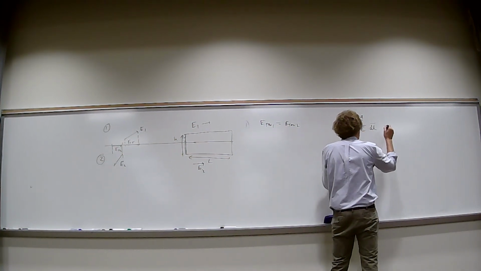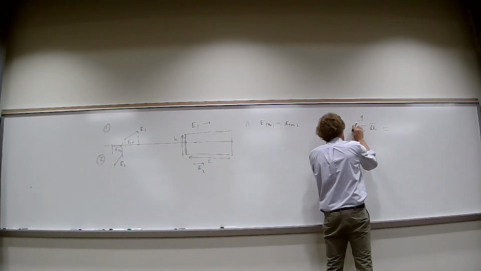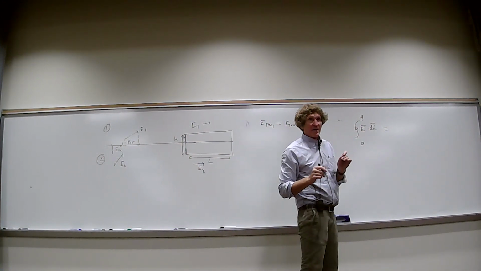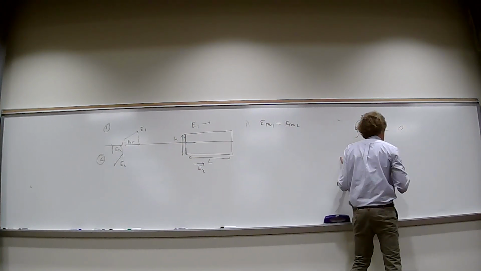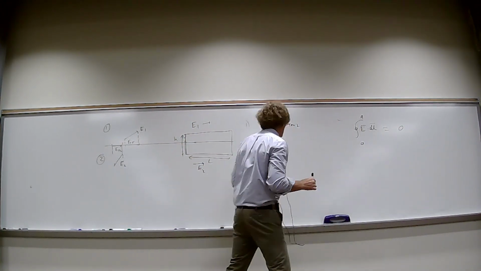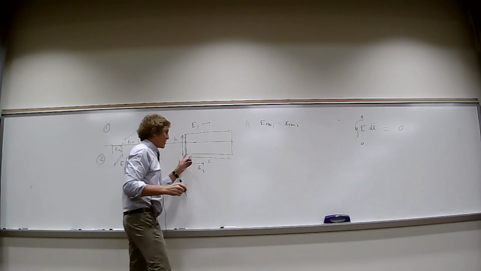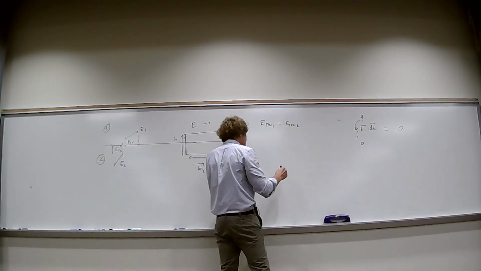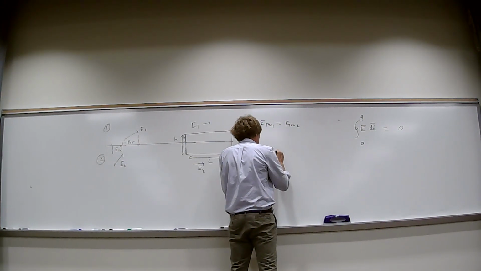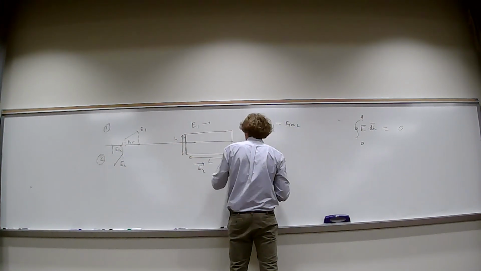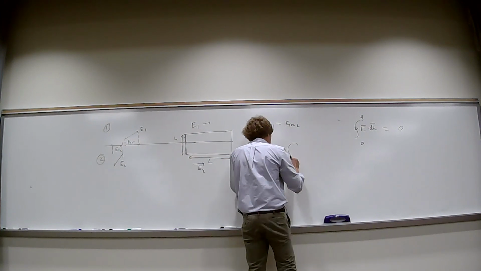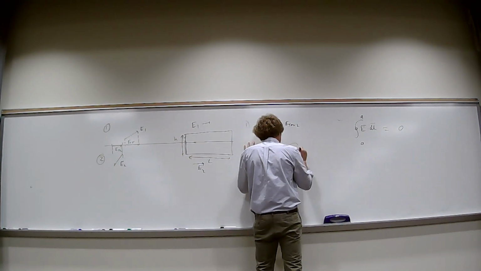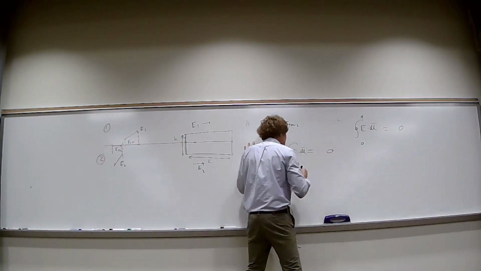The integral of E dot dl over any closed path, this is the symbol for a closed path, is always 0 if it's an electrostatic field. So it's 0. So look over here. When I take a look at that integration, if I take the limit as that H, which is going to be the spacing above and below, goes to 0, of the integral of E dot dl around the closed loop, it's 0.